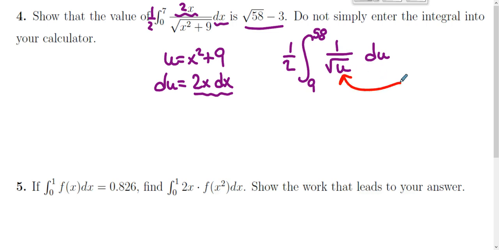Why is it easier? Because this is u to the -1/2. And if u to the -1/2 is the thing we're integrating, then we know how to do that. Its antiderivative raises the power by 1 and then divides by that power. So raise the power by 1, that's u to the 1/2. Divide by 1/2, that's times 2, knocks that out.